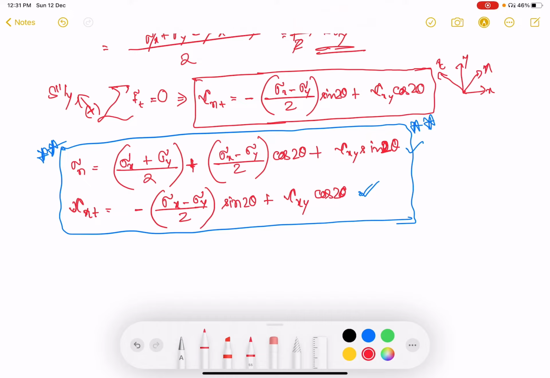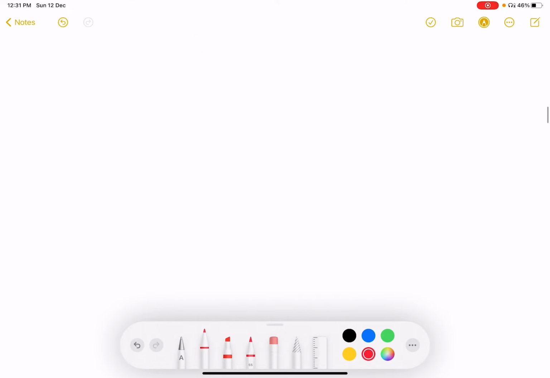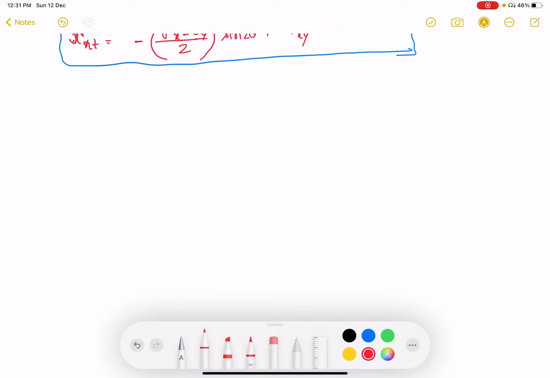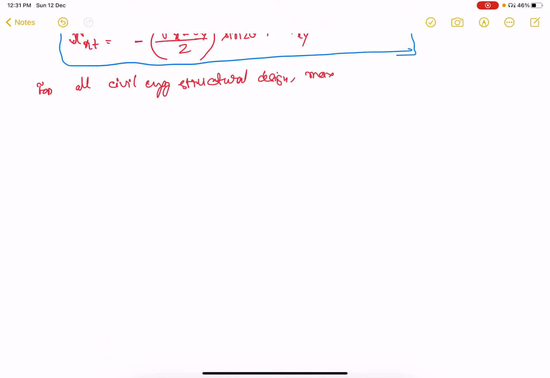Now for all civil engineering structural design, the maximum value of sigma n and tau nt need to be calculated or evaluated.